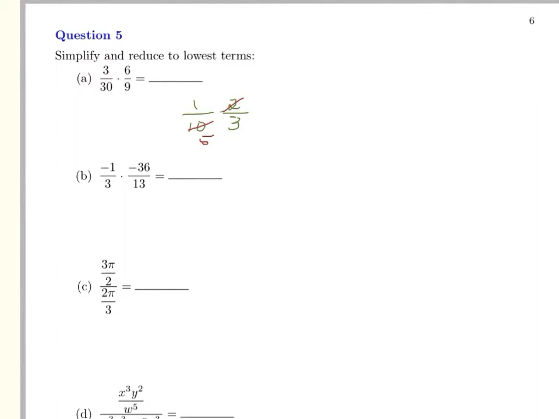So we end up with 1 over 3 times 5, or 15. So 1 over 15. Part B, the minuses are going to cancel each other, so we just have 1 over 3 times 36 over 13. And again, we can cancel a 3, so that's like that. And so we're just going to be left with 12 over 13.